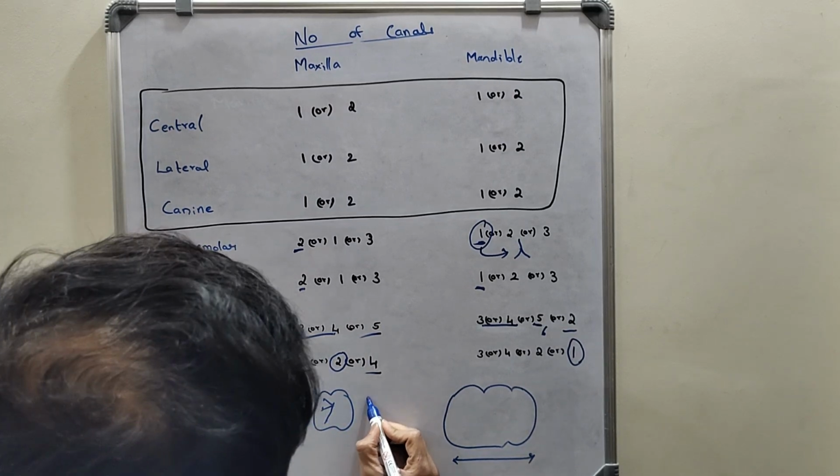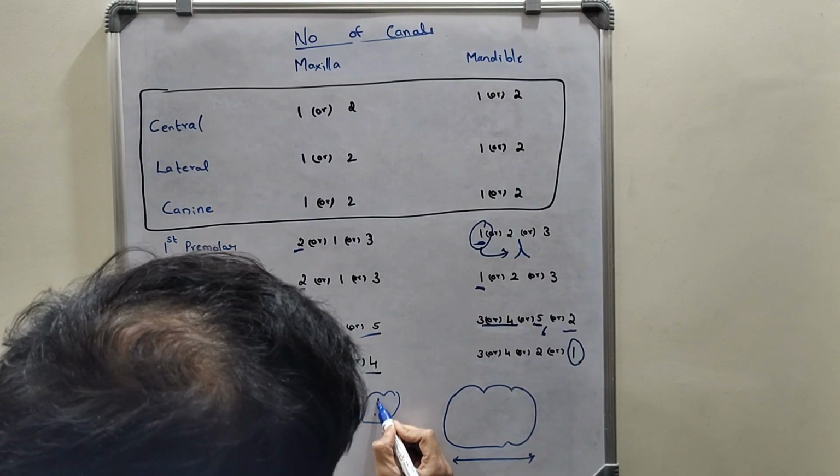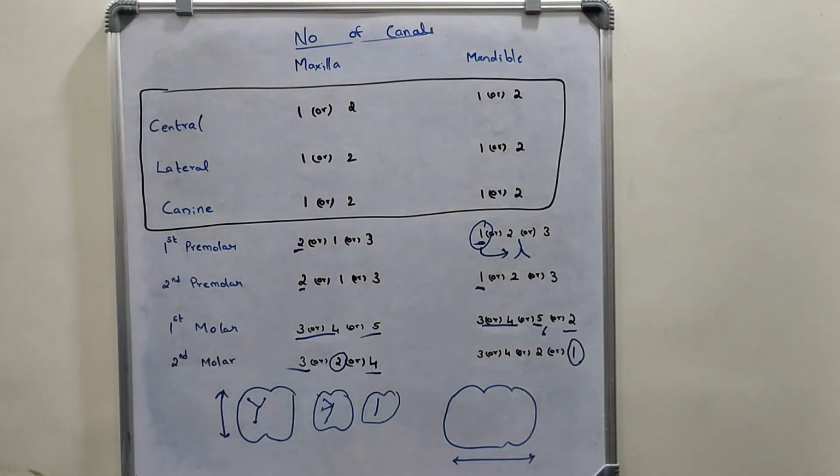If it has only two canals, then it will be in I configuration. So these are the configurations in your upper molars through which you can identify the number of canals. These lines which are being drawn in between these orifices are what are called the dentinal maps, which will look darker inside the tooth.